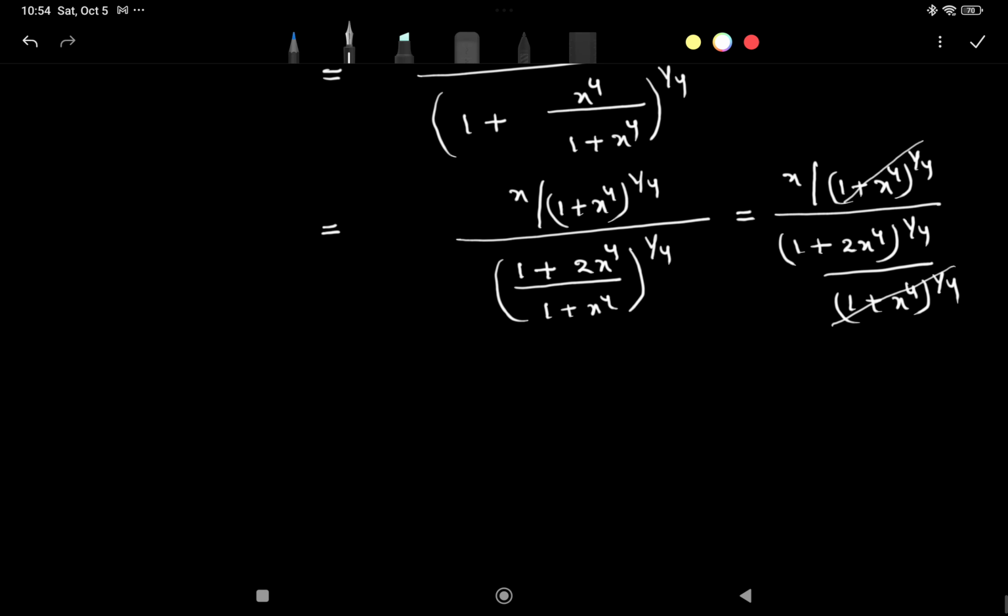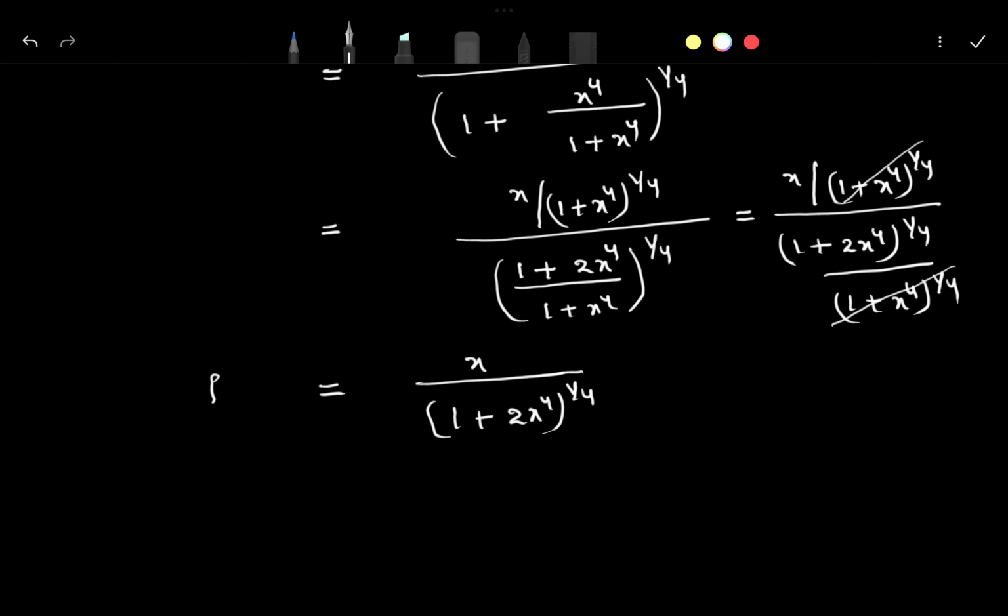So now this value becomes x divided by (1 plus 2 into x to the power of 4) whole to the power of 1 by 4. Now here this one is nothing but which value? f of f of x. By observing f of x, what is the f of x given? f of x value is given as x divided by (1 plus x to the power of 4) whole to the power of 1 by 4.